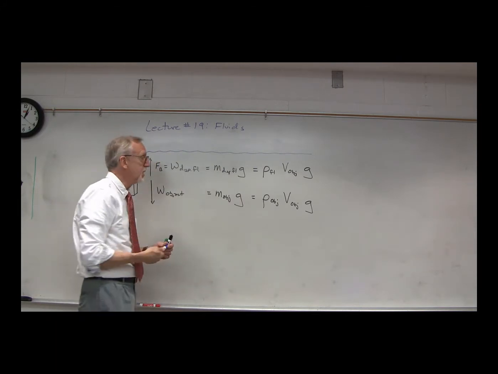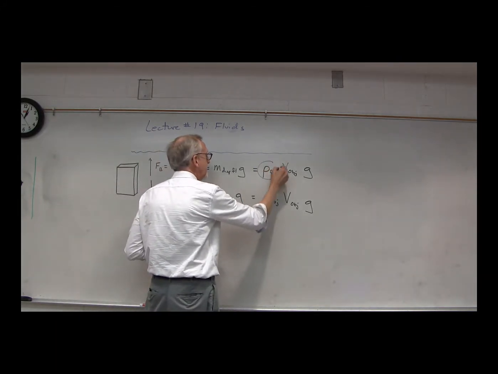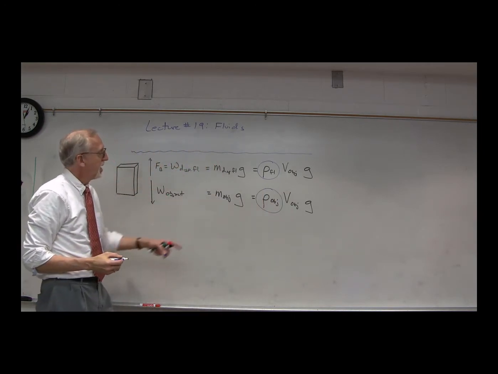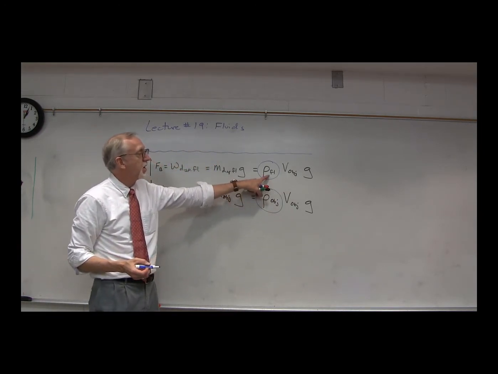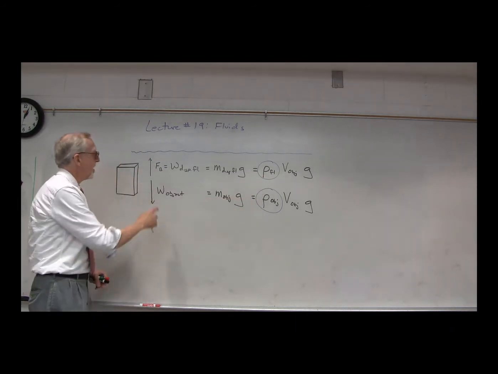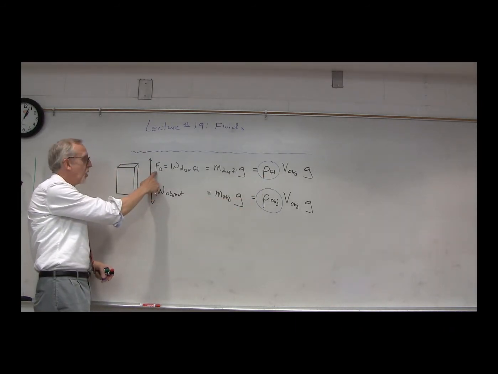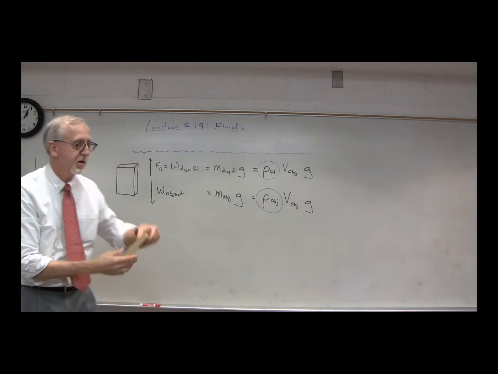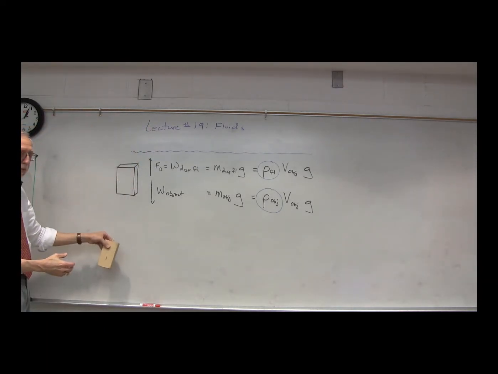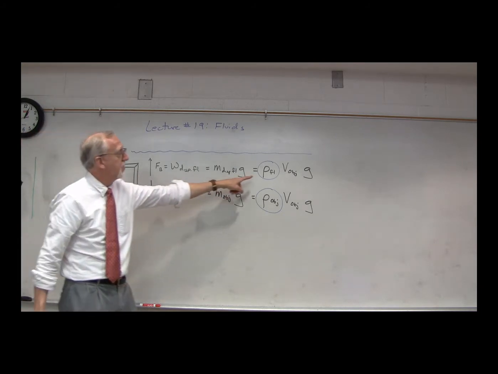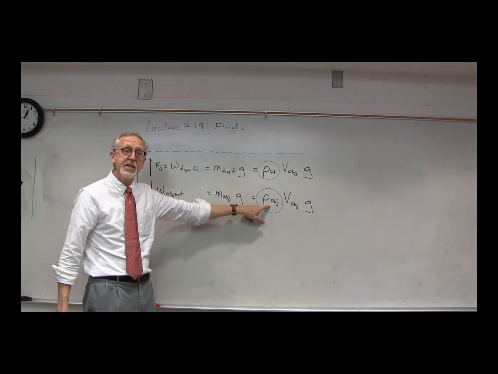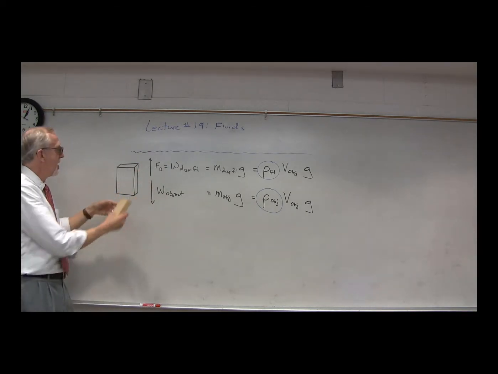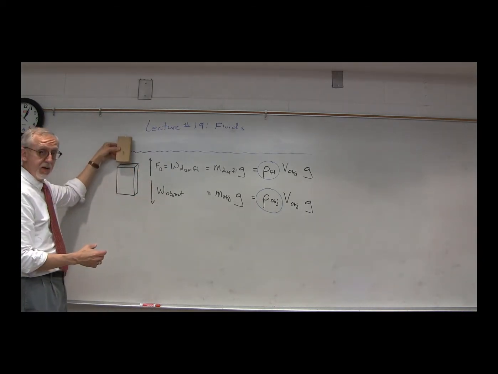Well, it will completely depend on the density of the fluid compared to the density of the object. If the density of the object is larger than the density of the fluid, then this force will be larger than that one, and the object will sink. However, if the density of the fluid is larger than the density of the object, this force will be larger than this one, and the object will rise.